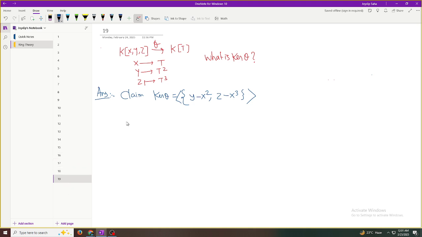How to prove? Clearly, what is the meaning? The meaning is the ideal generated by y minus x square and z minus x cube, that is g1 times (y minus x square) plus g2 times (z minus x cube), where g1, g2 belong to k[x,y,z].